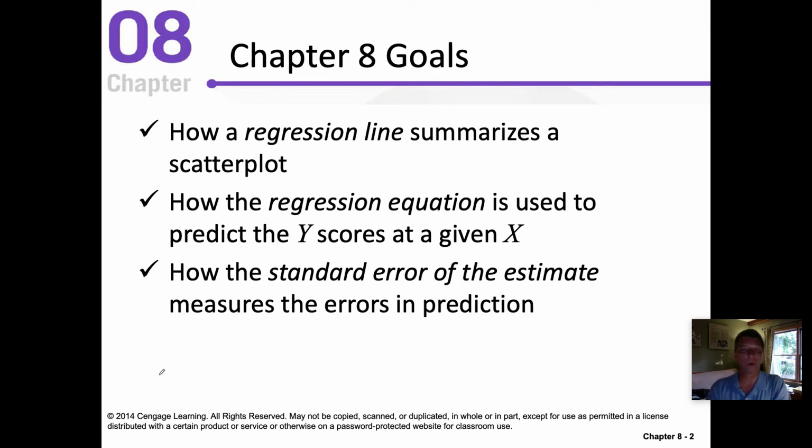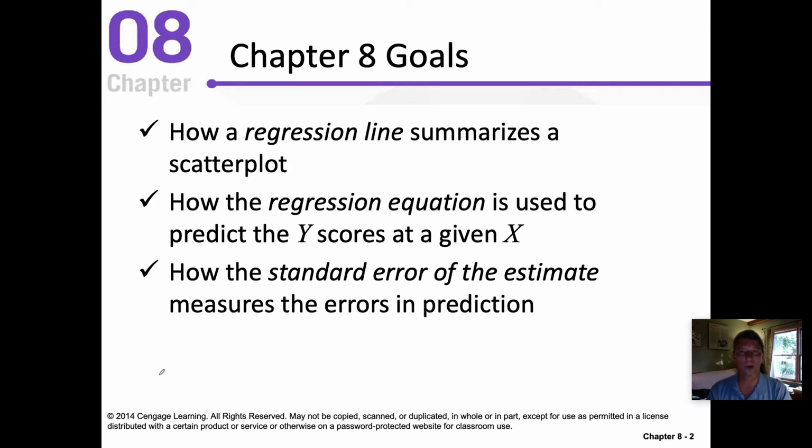And so, one of the goals for Chapter 8 is to look at how a regression line summarizes a scatter plot. All right, the scatter plot itself can be kind of all over the place, but as long as there's a trend, we can plot a regression line. Now, any line, as you learned in algebra, has an equation that's associated with it, right?